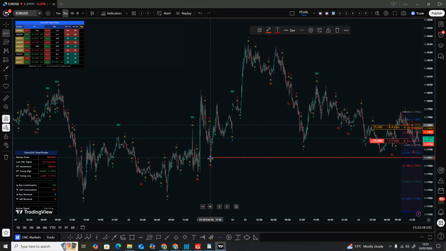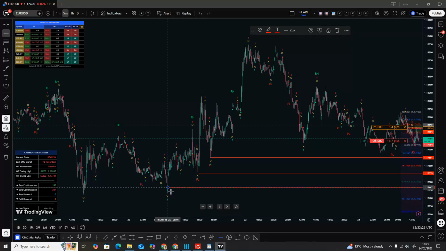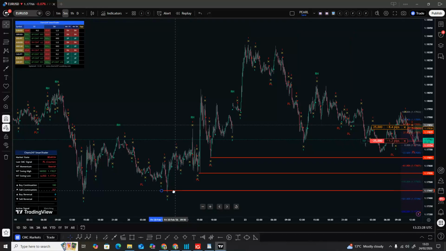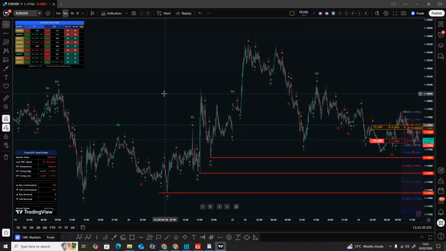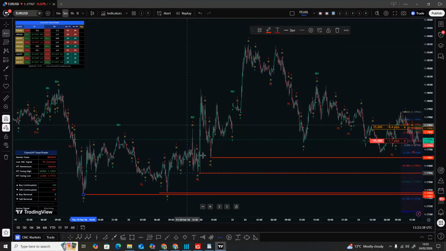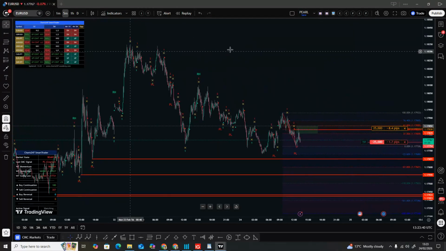That's a structure. That's a structure. There's a structure. There's a structure. And that one there. All those 1x at the beginning of the new wave. Okay, so they are major structures.